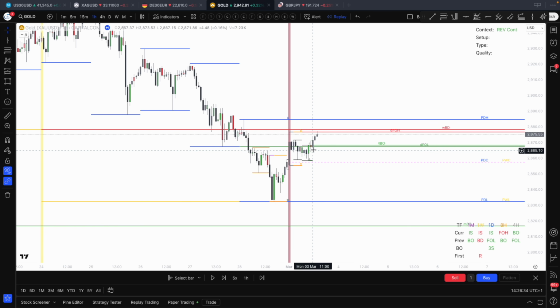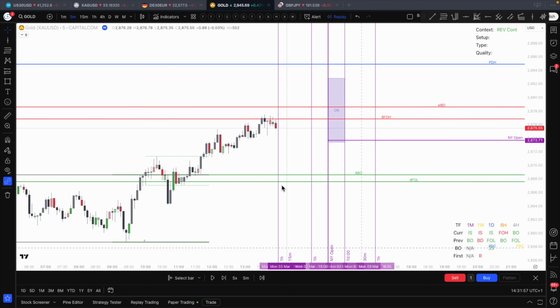Still a range day, but overall a rather bullish situation, especially once you reclaim this weekly breakdown level. Then you would be in a weekly fake out low as well, and you really would look for a long from here. So that's the first thinking process coming into this session.